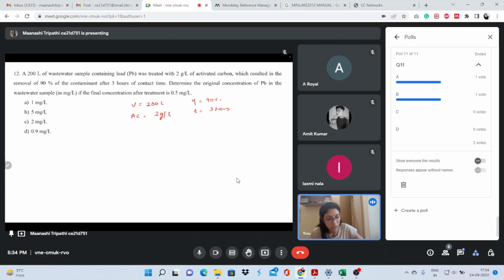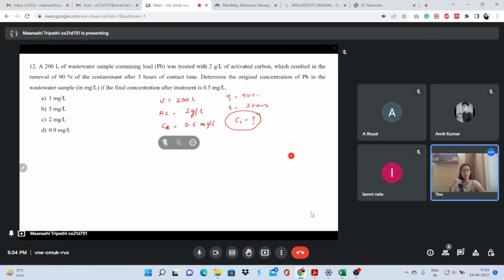First of all, we need to find out the original concentration. After treatment, concentration is 0.5 milligram per liter. This is Ce, concentration in effluent. We want to find concentration in influent. For this question there are no polls, you can answer in the chat box. Try this question.